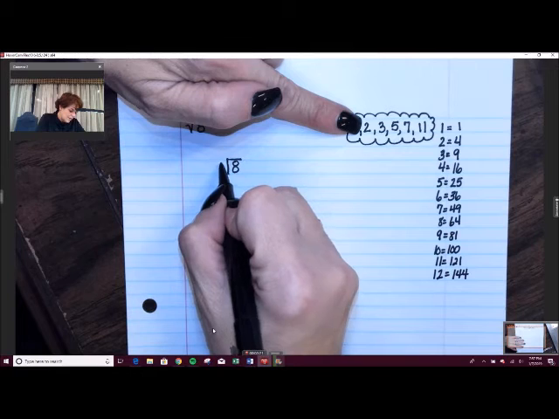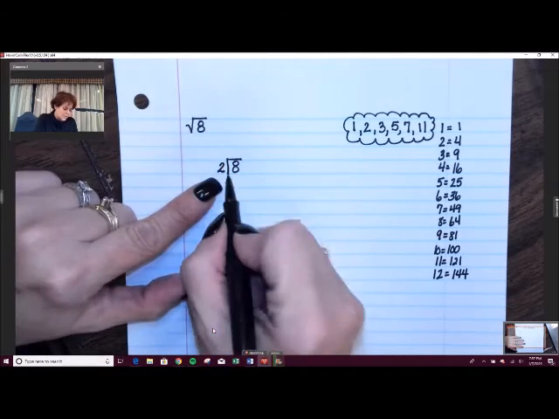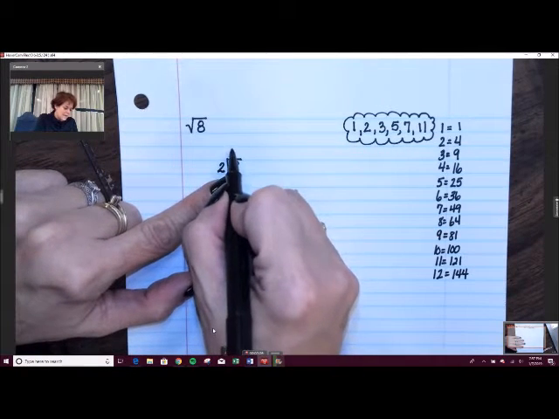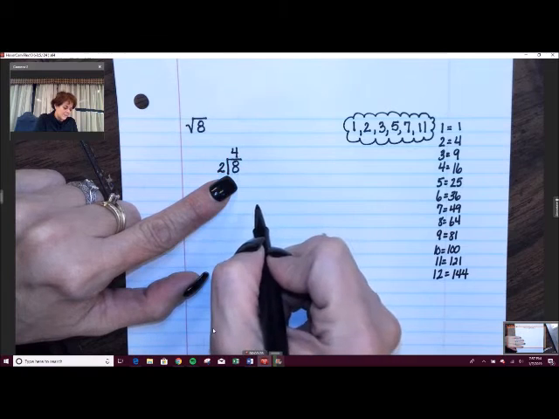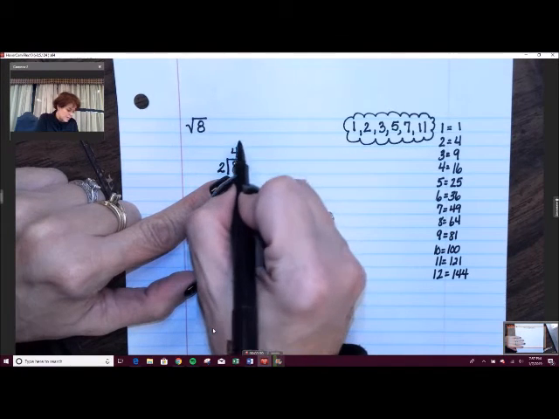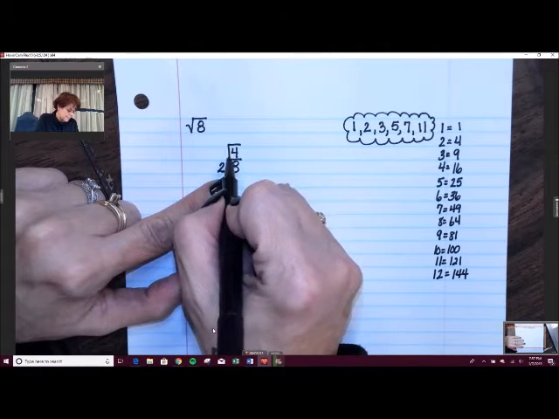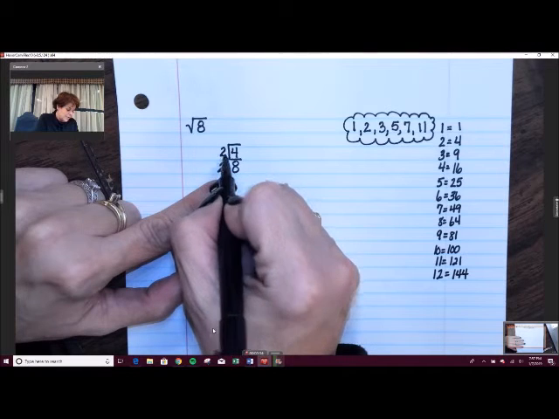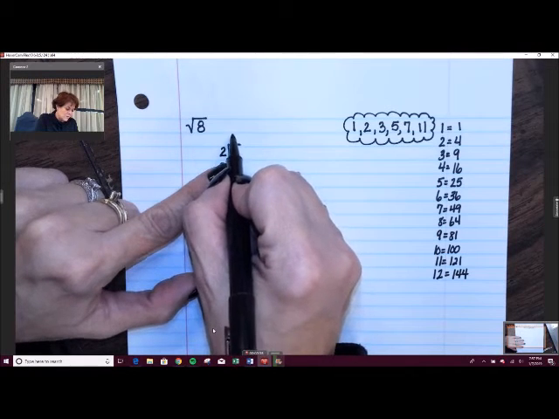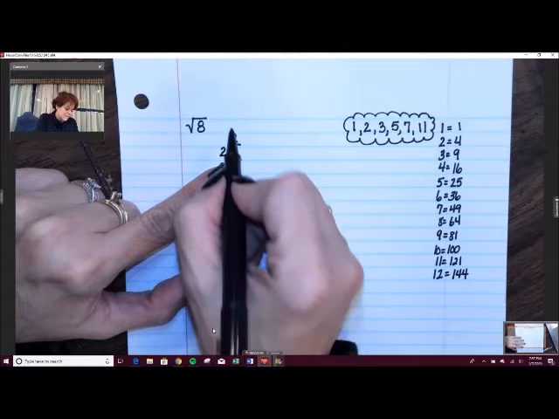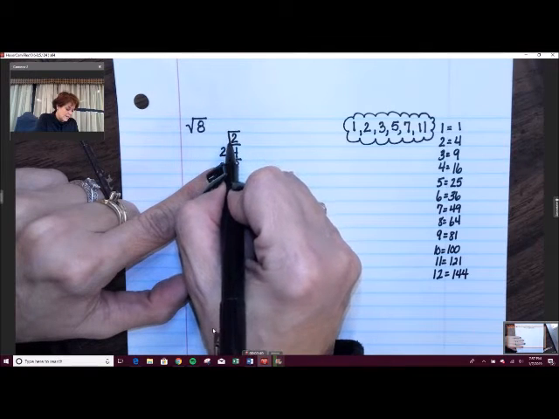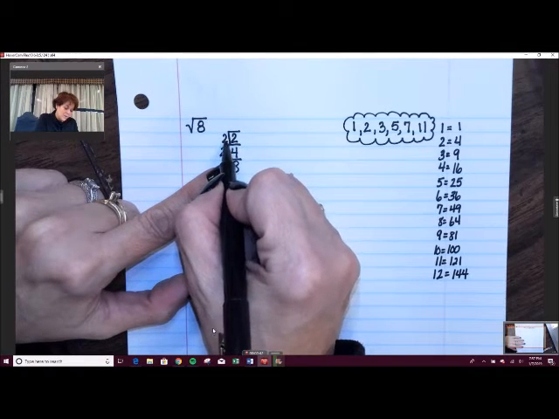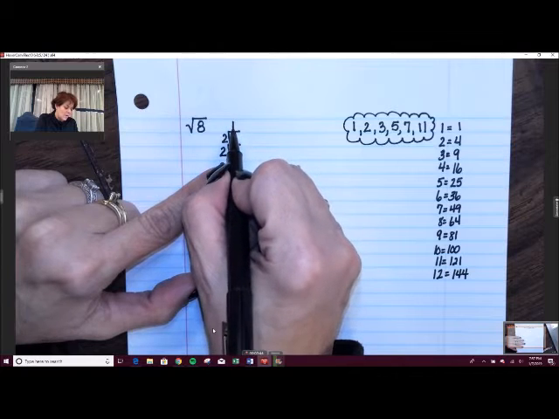So we're going to put 2 out here. 2 goes into 8 4 times. Put another layer on your birthday cake. Divide by 2 again. 2 goes into 4 2 times. Another layer on your birthday cake. Divide by 2 again. 2 goes into 2 1 time.